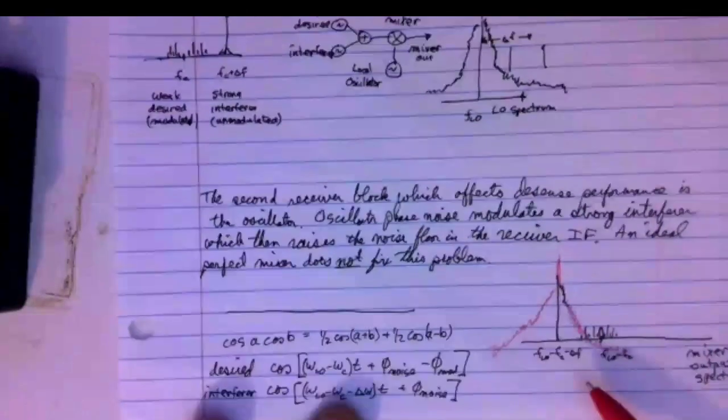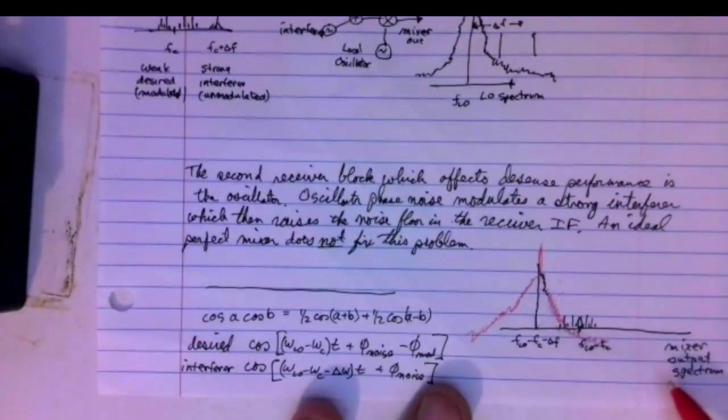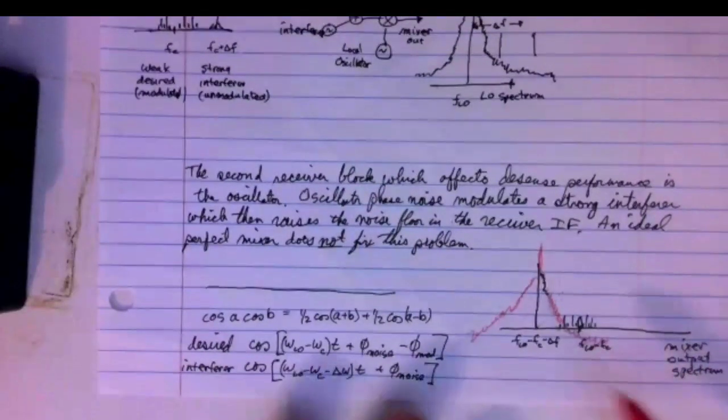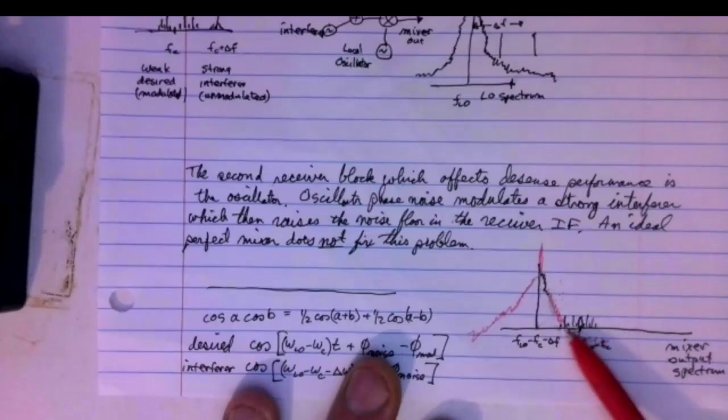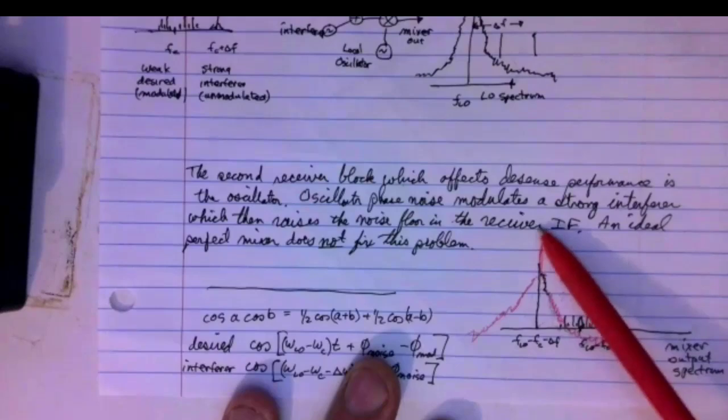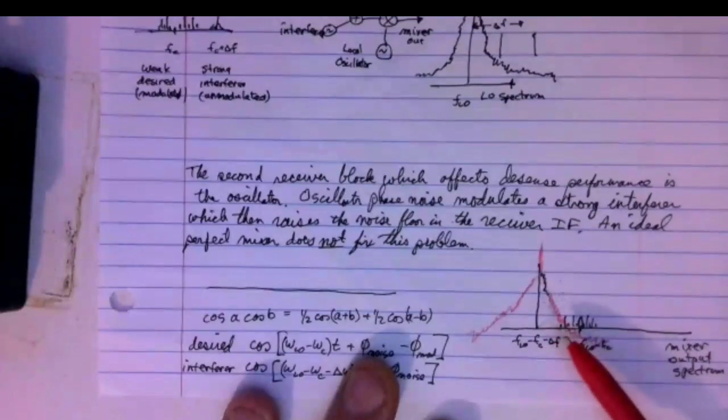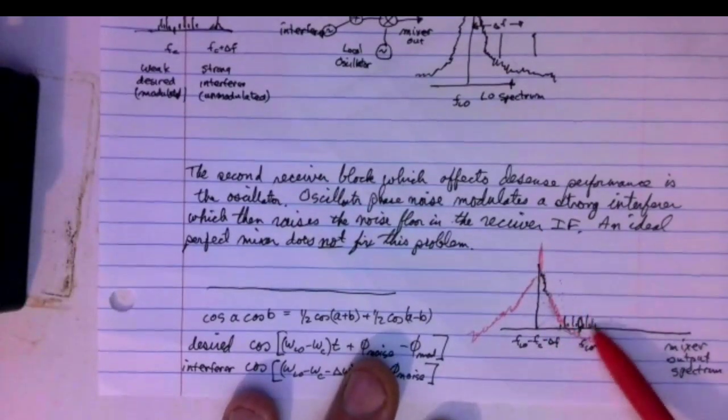So this is what you'd see in the mixer output spectrum right here. You see your desired signal that you want, and you see the interferer, which you would certainly expect to see. You're counting on your IF filter to pass this and reject that, but guess what?